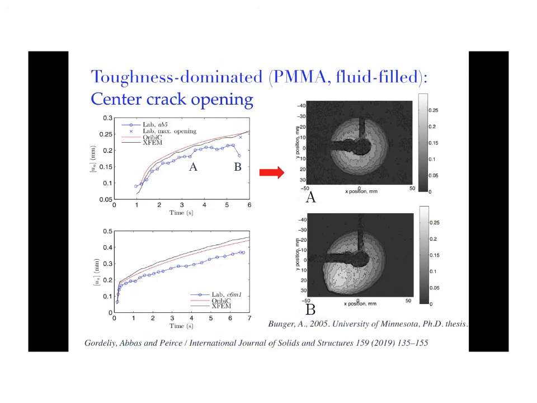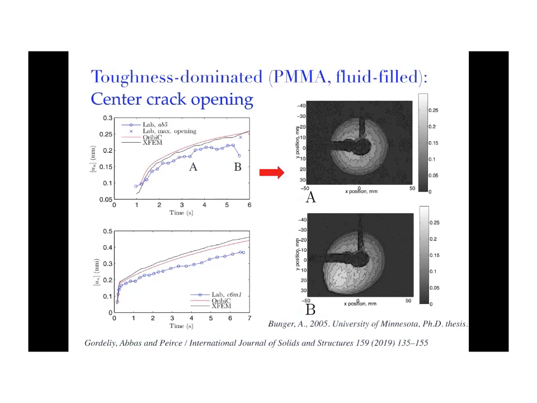At 3.5 seconds, the fracture is relatively axially symmetric. But then it loses its axial symmetry, and at point B at 5.6 seconds, it becomes more like an egg-shaped fracture. And because it lost its radial symmetry, the point of maximum opening moved.